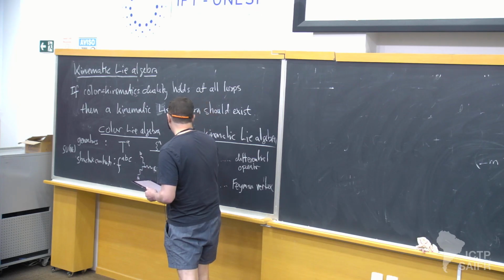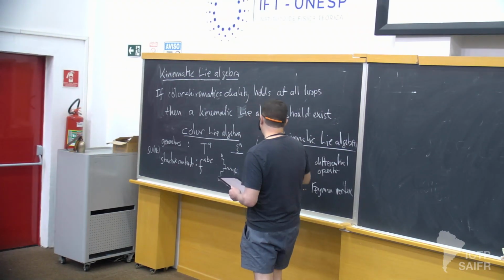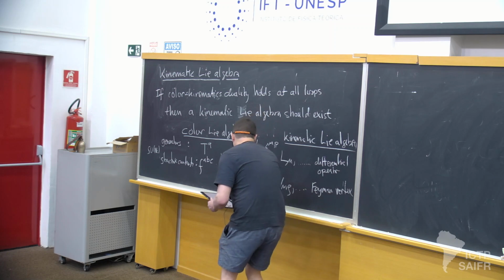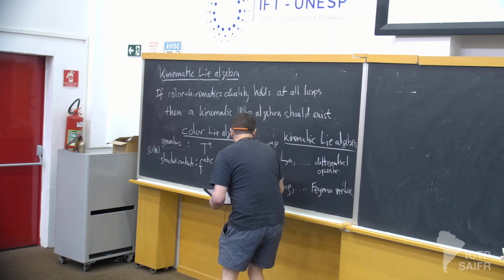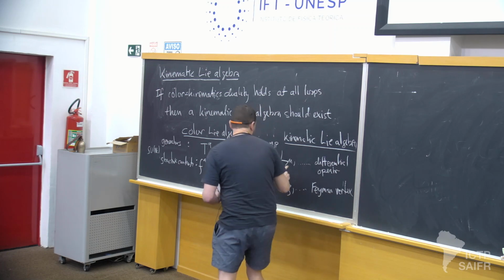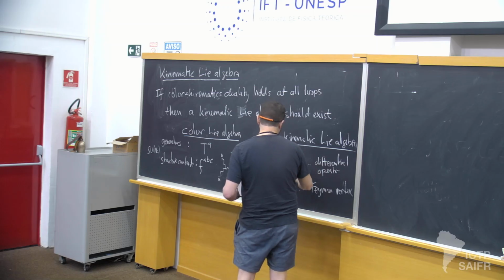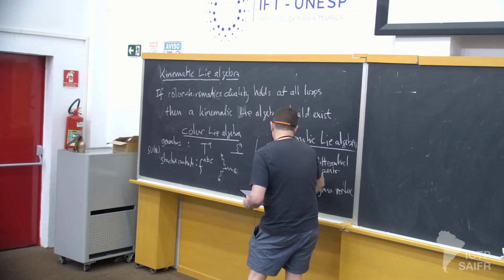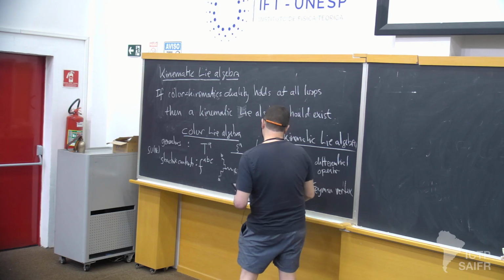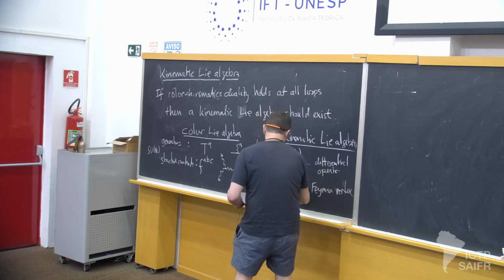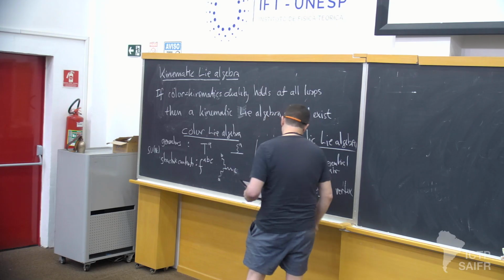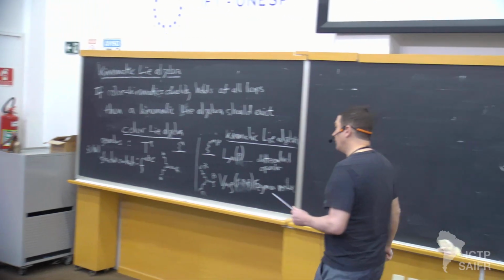So there's also momenta here. This particle has a momentum p. Here you have 3 momenta: p1, p2, p3. So in fact, this L is a function of the momenta, and this guy is a function of p1, p2, and p3. And of course, by momentum conservation, we can typically eliminate one of them.